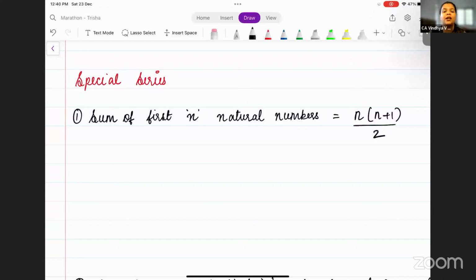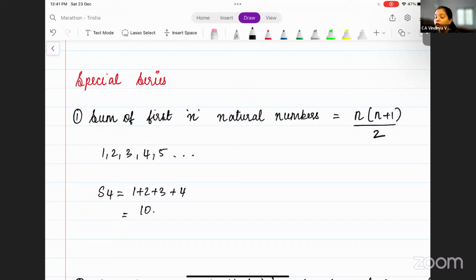All right, first one: sum of first n natural numbers. Natural numbers are nothing but 1, 2, 3, 4, 5, and so on. If I say the first 4 natural numbers, S4 will be 1 plus 2 plus 3 plus 4, which is 10.